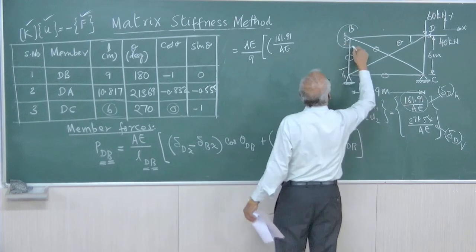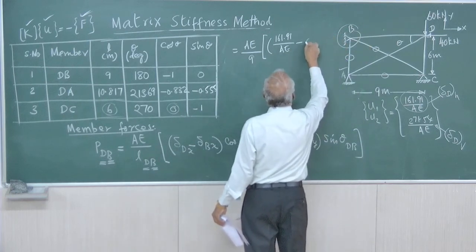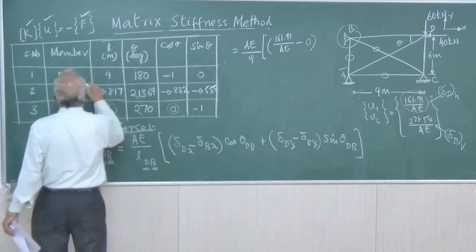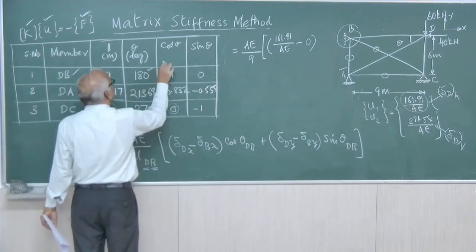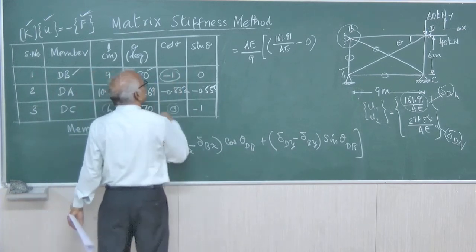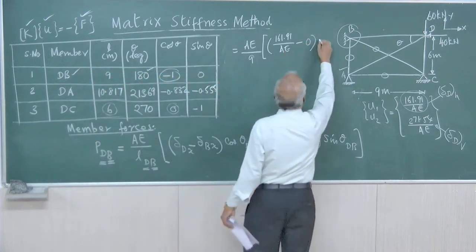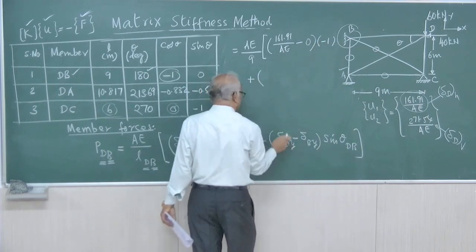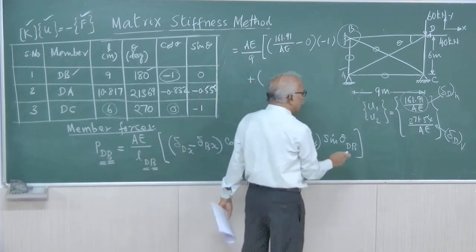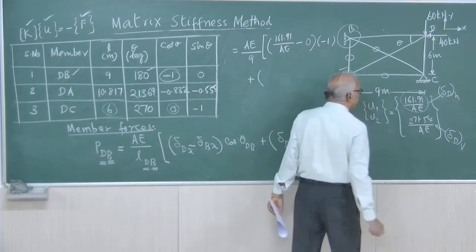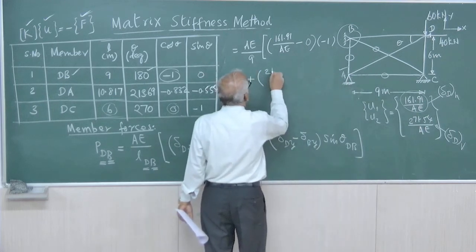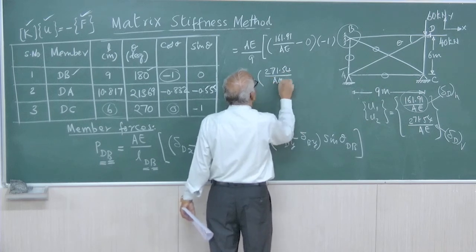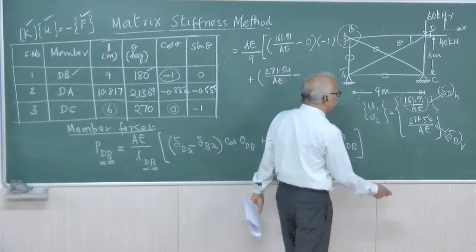Now B is hinged, therefore no displacement in the x direction, 0, into cos theta dB. For dB, theta is 180 degrees, cos theta equal to minus 1, into minus 1, plus the second term, delta dy. Delta dy is 271.54 by AE, minus delta B.